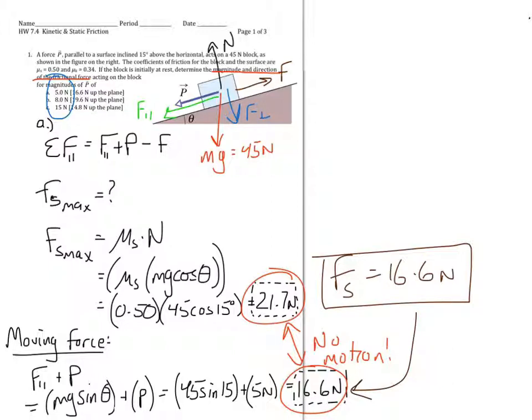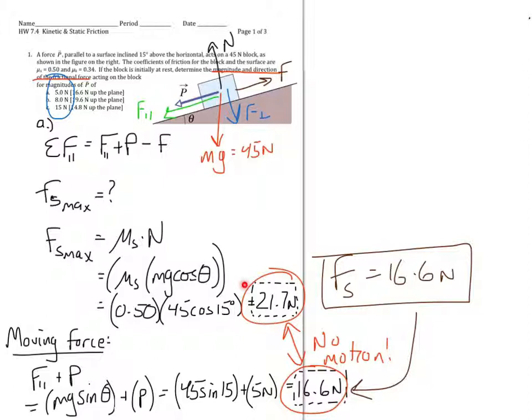I'll do part B. In fact, no, I won't do part B. I'll let you work that out, but the principle is going to be the same. All right? We've already determined the maximum static friction force. The question is, is the downhill force going to be less than or greater than or equal to this?